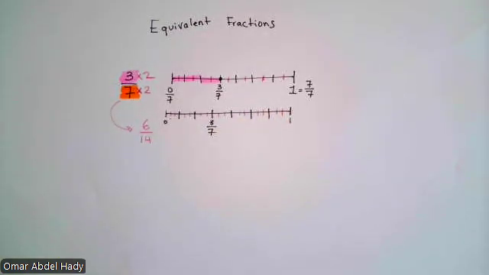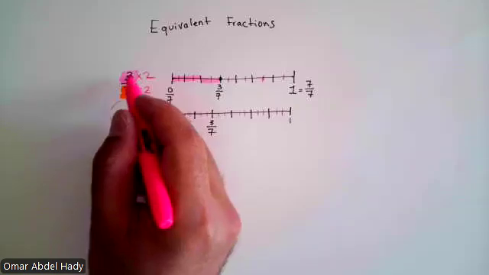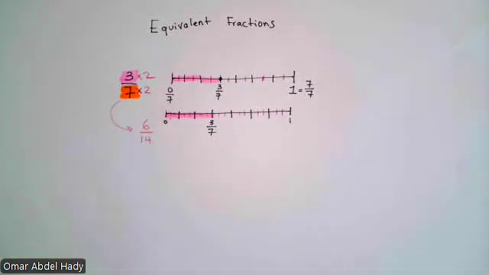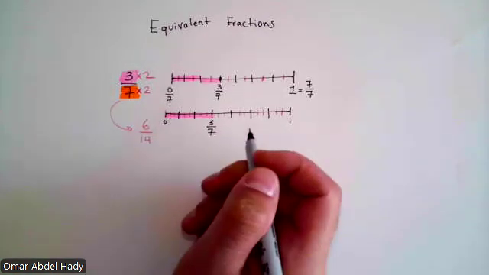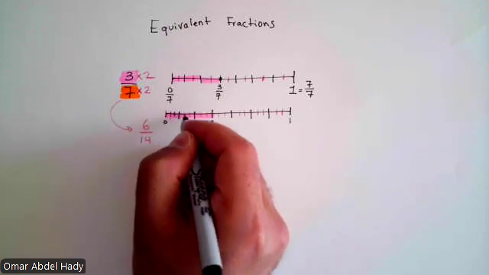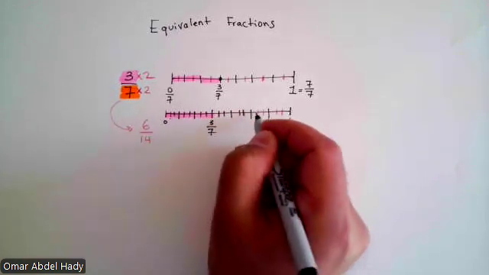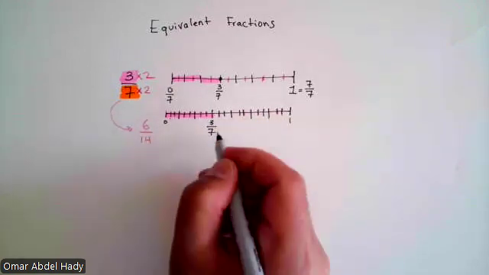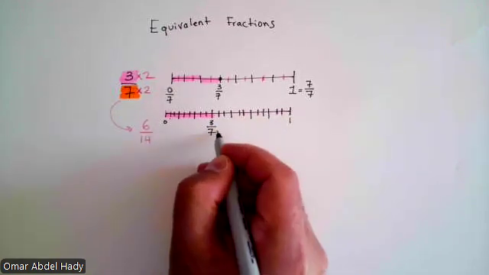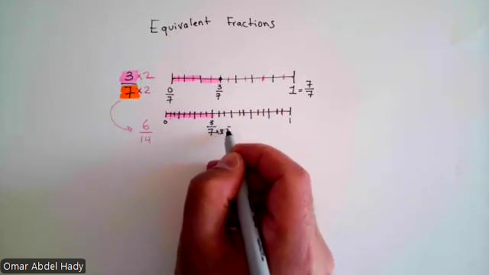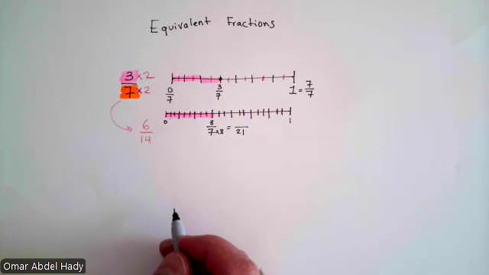But I have to remember that my original fraction was only 3/7. So if I multiply 7 by 3, that gives me 21 pieces.